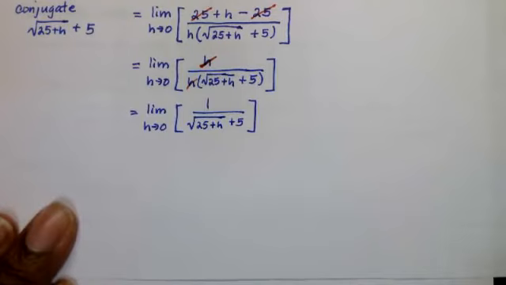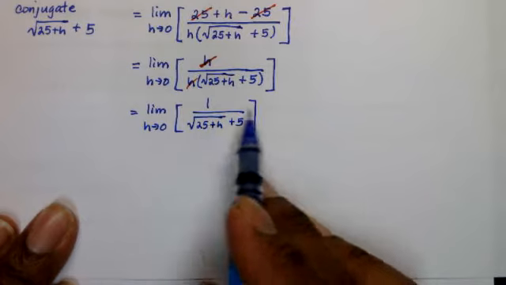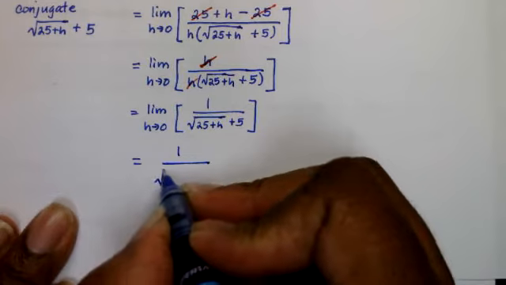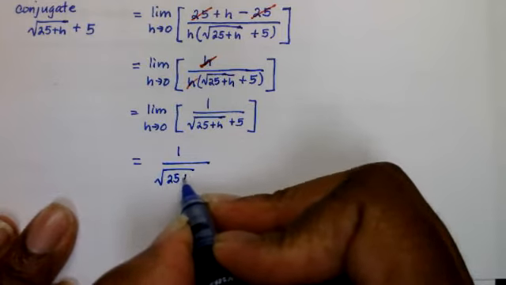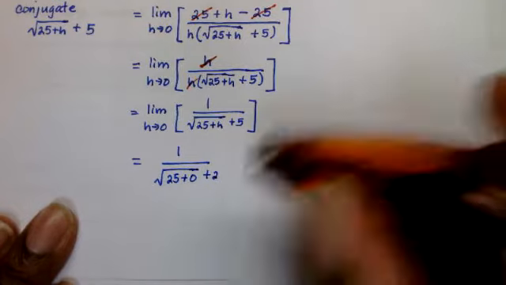Okay. Now I'm not going to get a 0 in the denominator, so I can go ahead and take the limit of this. So that means I'm going to have 1 over the square root of 25 plus 0, and then plus 5.